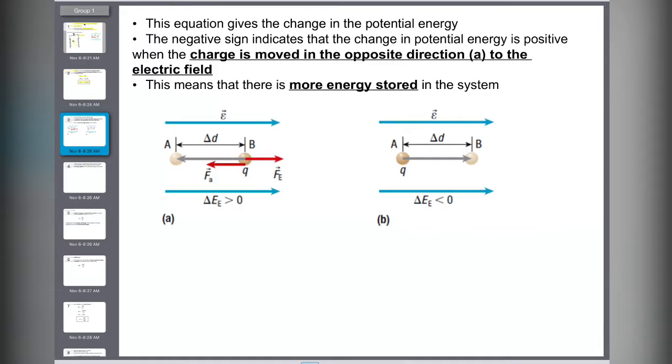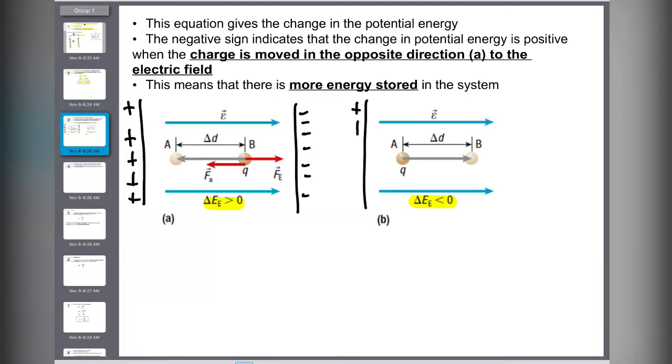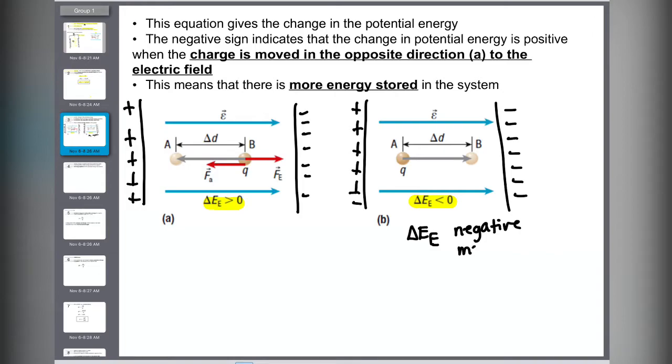The change in electrical energy could actually be positive or negative depending on which way you're moving the charge. Remember just now I said I have a positive plate and a negative plate. Same thing with this picture, a positive plate and a negative plate. Basically they're telling you that the delta EE would be a negative number if it's moving with the field.